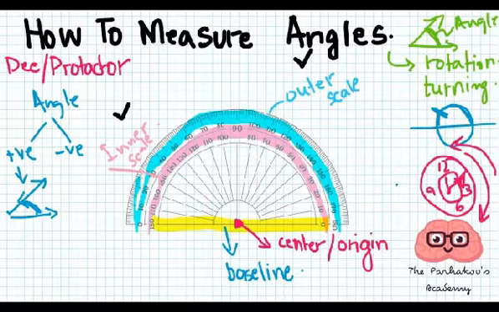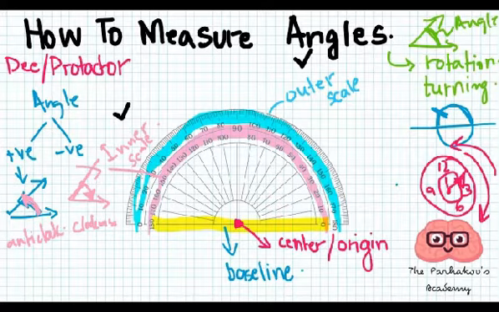So if our angles are against the clock, as you can see here, then this is the positive angle. And if our angle goes clockwise like this, that means the ray rotates from this ray to this ray, then our angles are negative or clockwise. So the positive angles are anti-clockwise and the negative angles are clockwise.